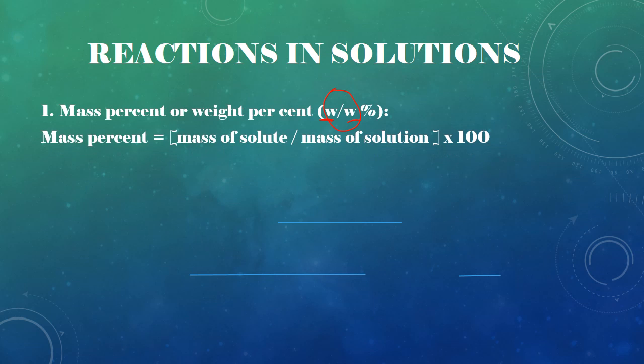So you have mass of solute by mass of solution into 100. This is solution, which means it has both solute and solvent. This has to be remembered because during numericals, if the mass of solvent is given, students tend to write that directly in the denominator, ignoring the solute part. So the denominator is not mass of solvent, it is mass of solution.